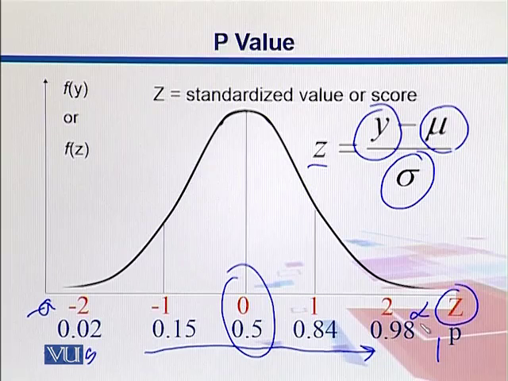So what is a p-value? A p-value is the probability of finding some event or some value under this curve. If we correlate them with the Z score, a Z score of -2 has a probability of 0.02, so it is present in, we can say, the lower 2%. Anything below a Z score of -2 can be present in this region.